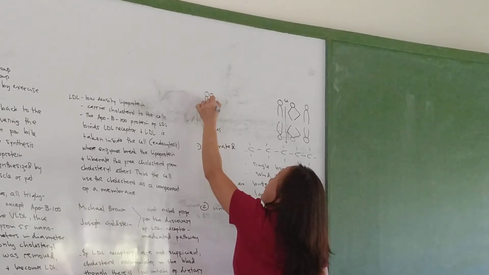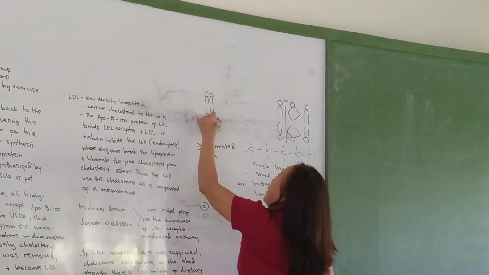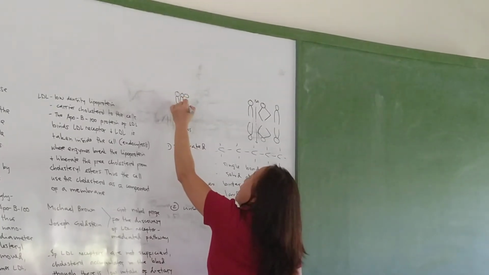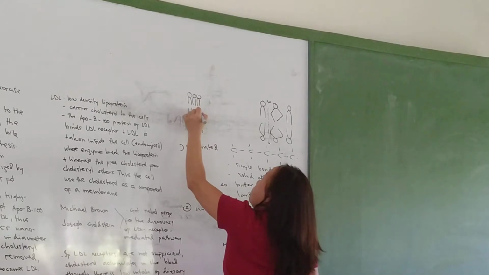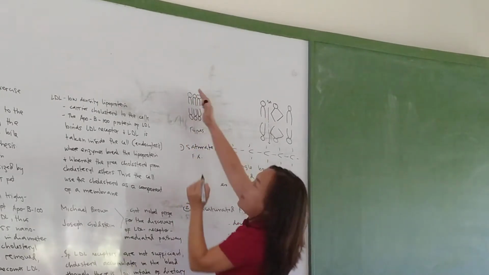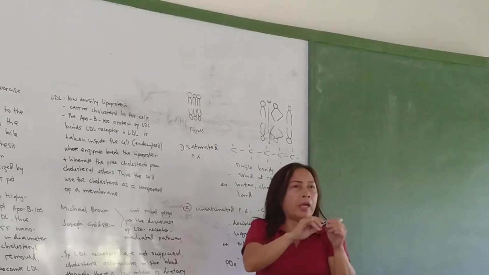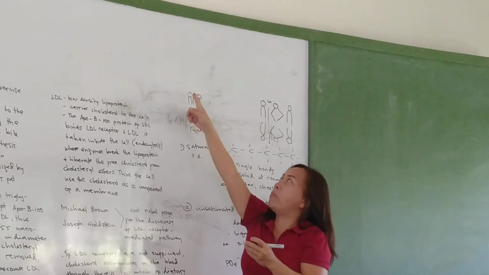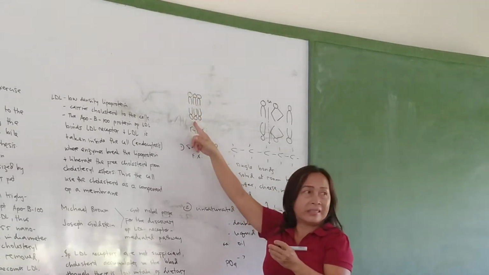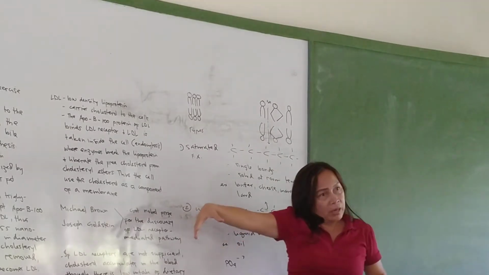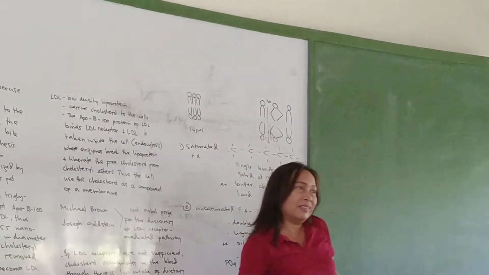That is what happens, class, when the membrane is made up of purely saturated fatty acids: very close, in such a way that water molecules may find difficulty passing through in between this layer.